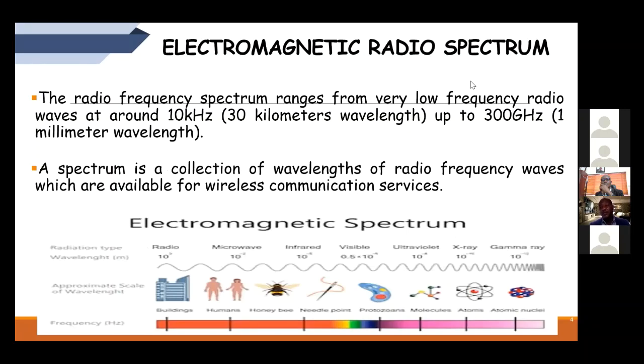Then we also look at the extreme end of 300 gigahertz, the millimeter wavelength. The spectrum is a collection of all of these radio wavelengths, which are available for wireless communications. The diagram below is something all of us are very conversant with, looking at all the spectral portions as shown.